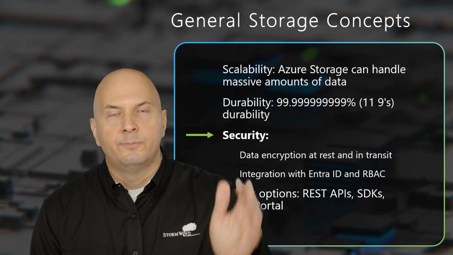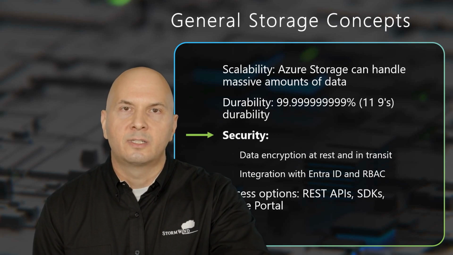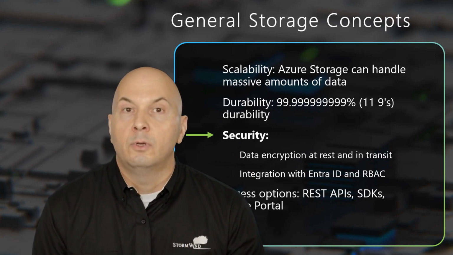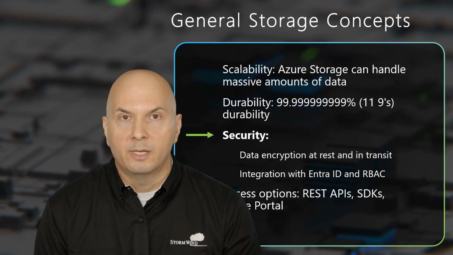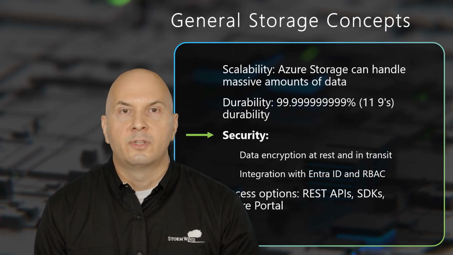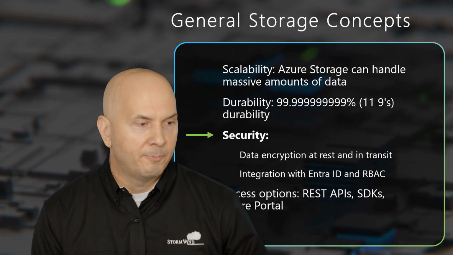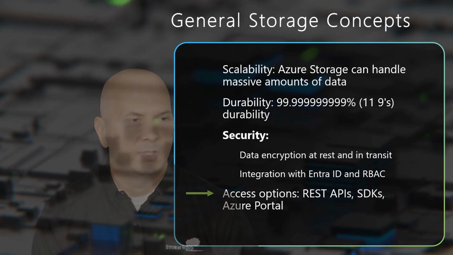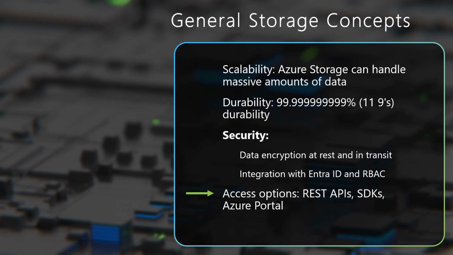So you upload a blob, they'll encrypt it as it's written to disk. And if you read that back, it'll get decrypted on the fly. You can even choose to do your own customer managed encryption keys if you don't want anybody else, including Microsoft, to be able to decrypt your data, okay? And ultimately, we deal with this service through the portal.